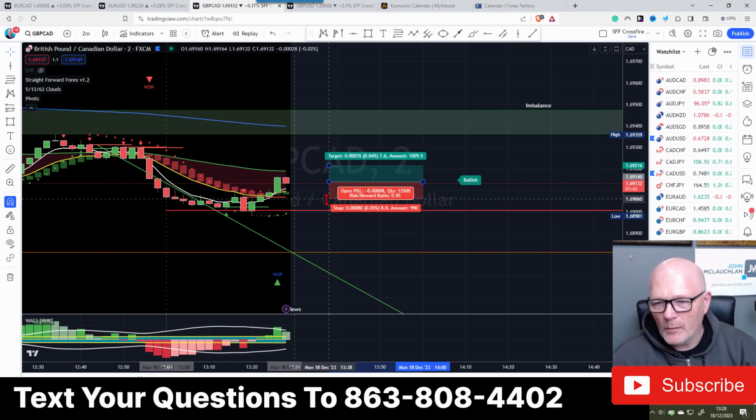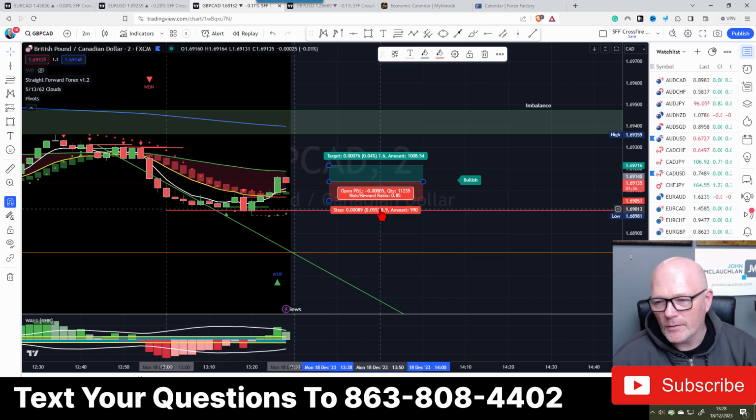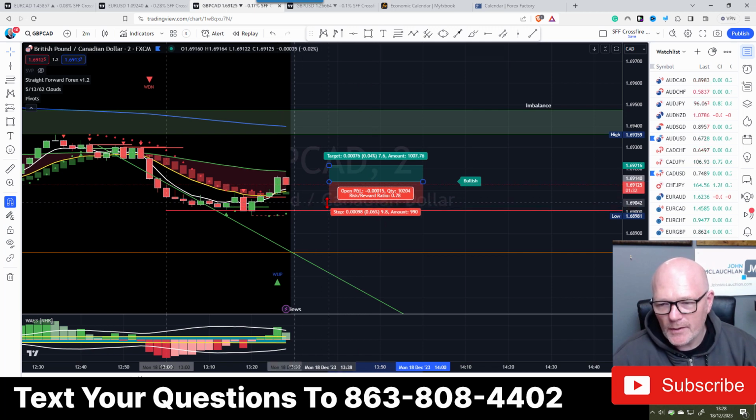So if we were to go long on this, even though it's going backwards, I'll just show you the numbers. The main thing we're looking at is, sorry, where's our stop loss? The main thing is a stop loss. 8.9 pips down to this engulfing candle here. Potentially you want to take it down to this engulfing candle here. Now you're starting to get into the 13 pip stop loss, and you're not going to make it.